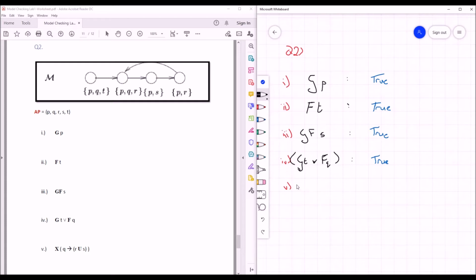Now, the next question. X, Q implies R until S. And this is a more complicated formula.